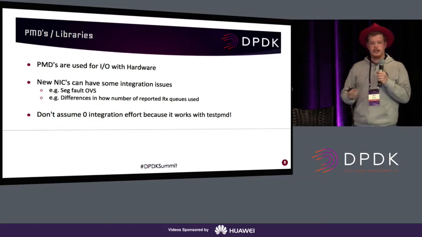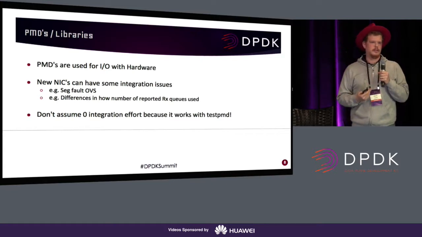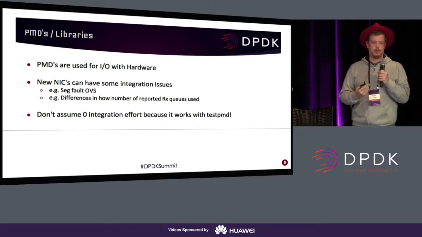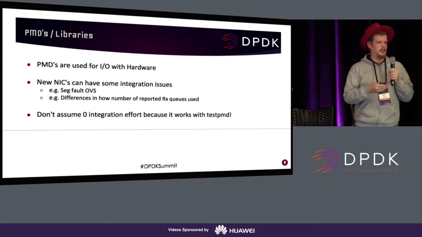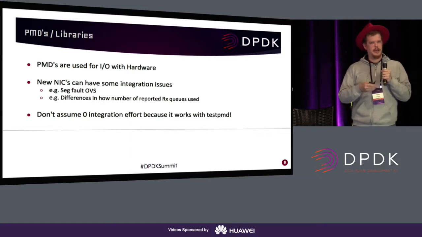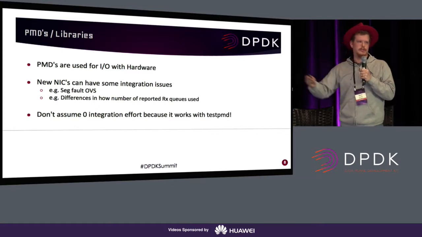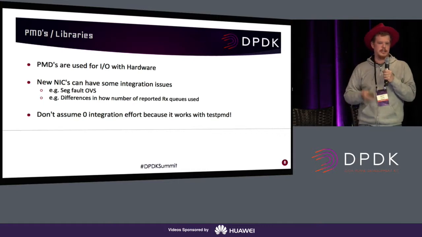Additionally, the reports that come back from those are inconsistent, meaning what the user sees. The user might see one NIC reporting some number of queues when the queues are enabled or disabled, and another NIC might report, well, we have 100 queues, and so that's all we're going to report, and it's up to the software to change that config.